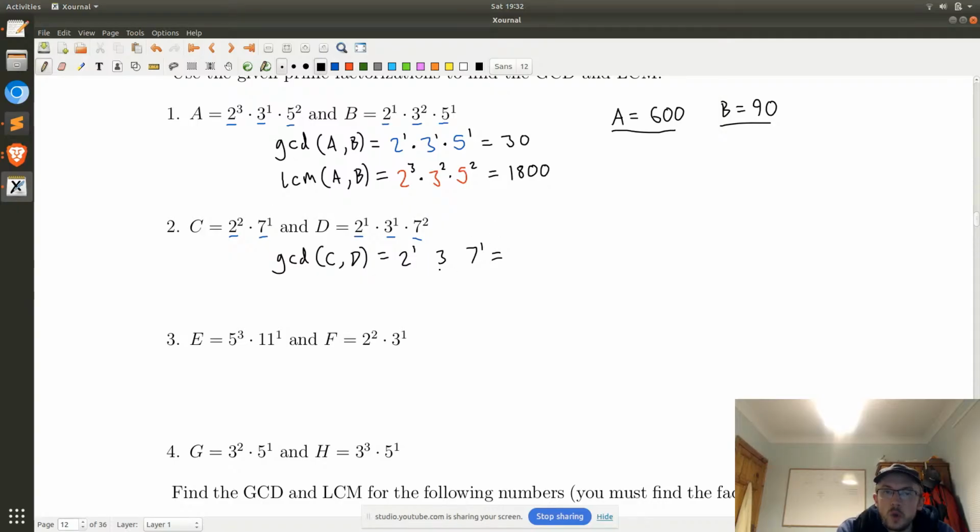Okay. Who has the lowest power of 3, though? Would it be this number D right here? 3 to the 1? No. It's actually this number over here. But I don't see any 3 there. I know. There is a secret, invisible 3 inside there.